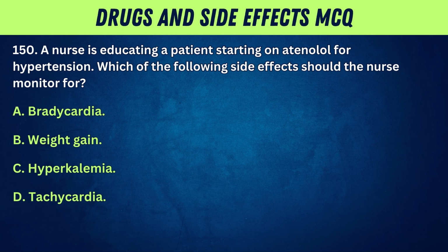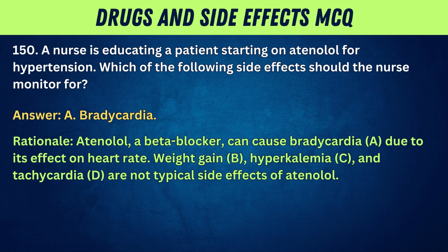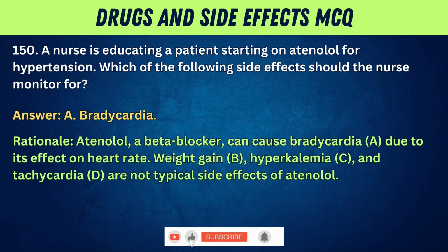A. Bradycardia. B. Weight gain. C. Hyperkalemia. D. Tachycardia. Answer: A. Bradycardia. Rationale: atenolol, a beta blocker, can cause bradycardia, A, due to its effect on heart rate. Weight gain, B. Hyperkalemia, C. And tachycardia, D. Are not typical side effects of atenolol.